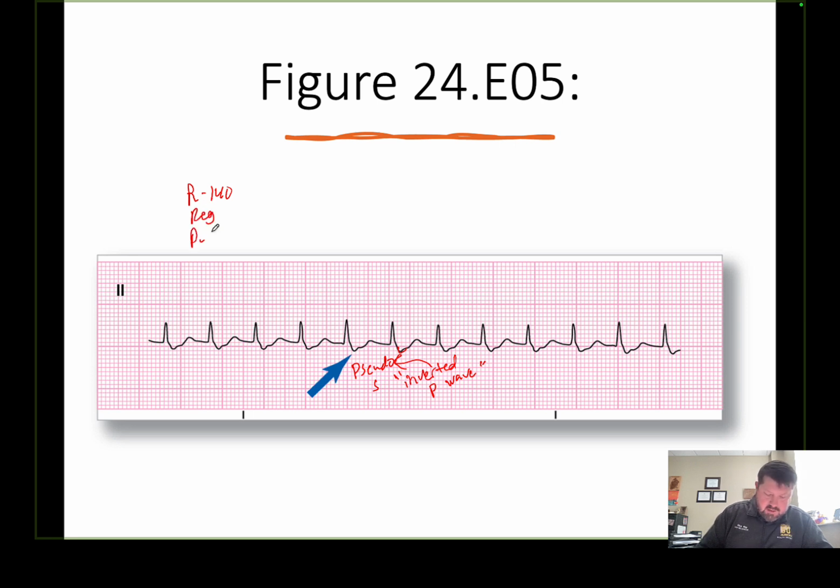The P wave is inverted post QRS. PRI is absent, and my QRS, measuring from right here to about right there, is about 0.06 seconds. So I've got another junctional tachycardia.